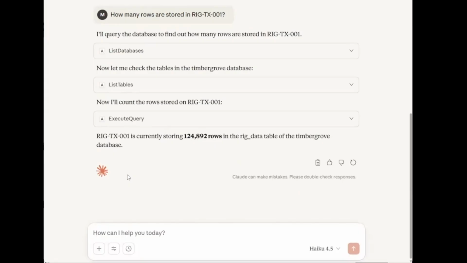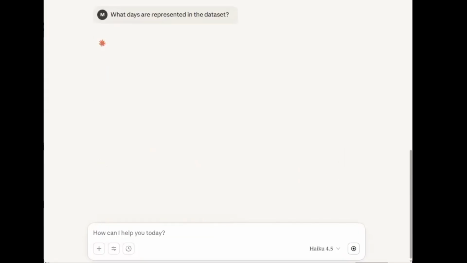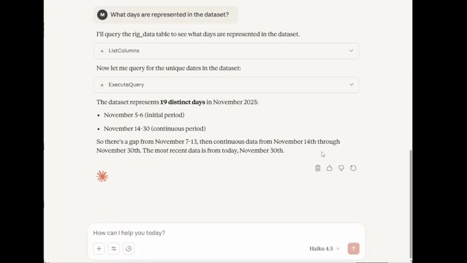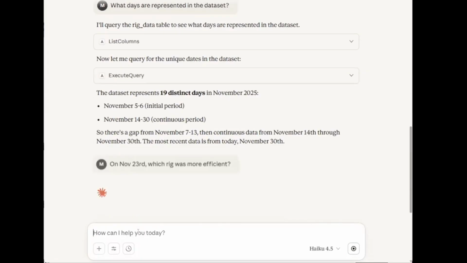We can also ask what days are represented in the data sets. And we can see we have data from the period November 5th and 6th, and November 14th to 30th. Another question we can ask is, on November 23rd, which rig was most efficient?